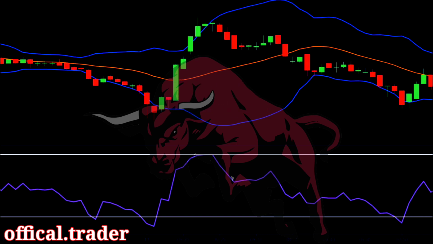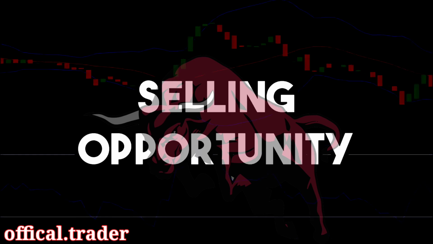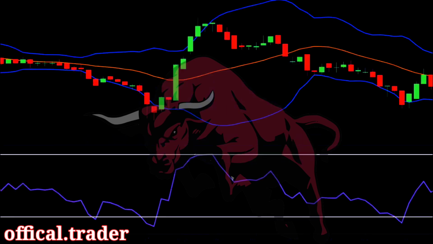Now, as the time goes on, we also spot a selling opportunity. Here, we see that the price was trading above the upper band, and the RSI was right at the 80 level. Hence, we have a confluence between the Bollinger Bands and the RSI. So we expect the price to make a down move. We wait for a candlestick pattern to trigger our entry.